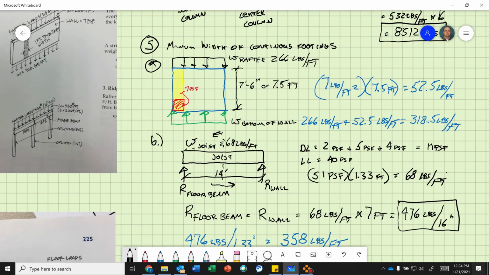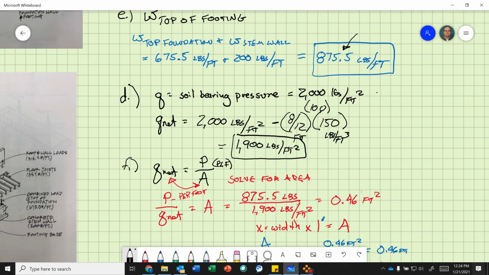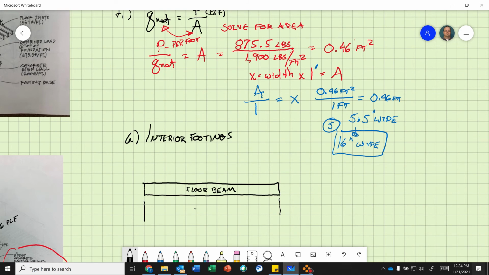Okay, so with that, we can draw our free body diagram. Remember, the reactions are where our supports are. So we can call this our north wall. Okay, this is our south wall.